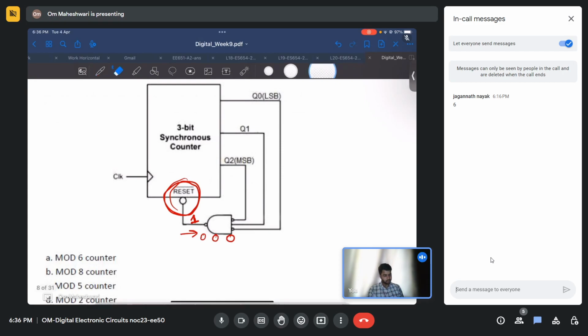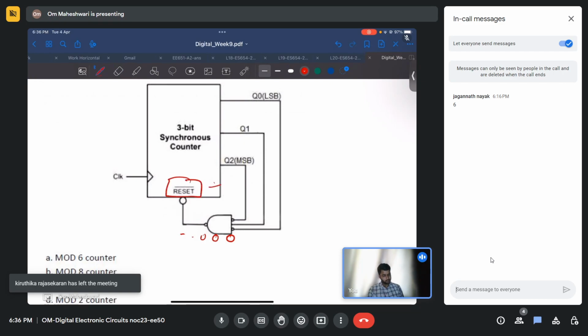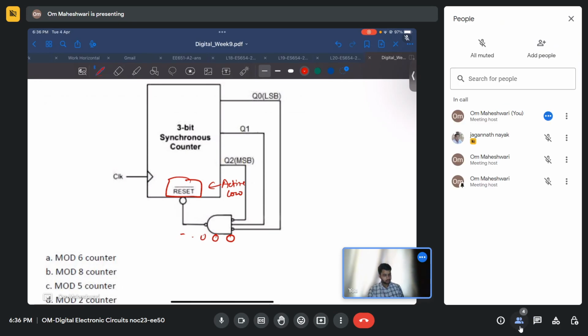Sorry, it is reset bar. You see, the bar means active low. So whenever you get a 0 at this reset, it will change all the outputs Q0, Q1, Q2, irrespective of their states, to 000, whatever the previous state. So that is what this reset will do.